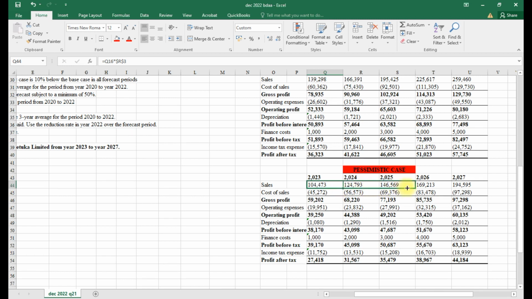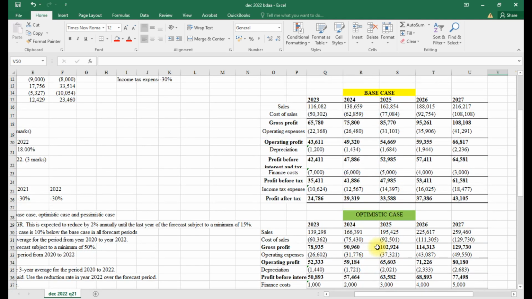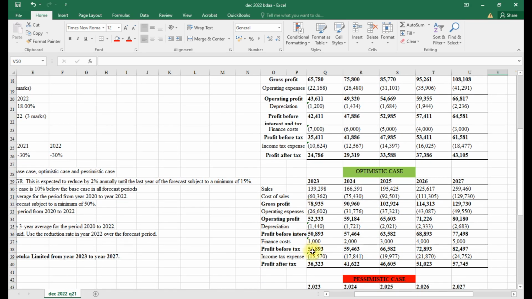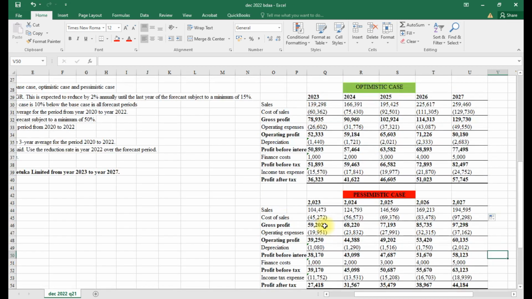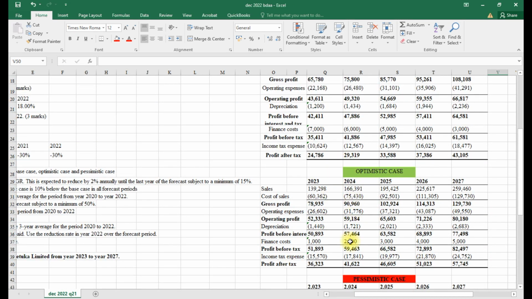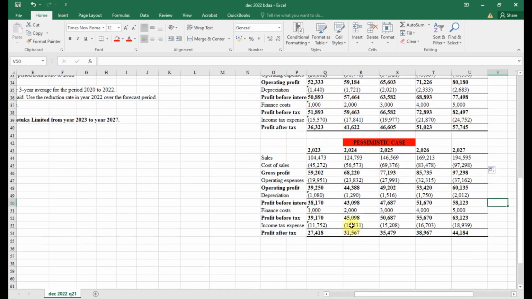You will find that it will automatically change all the other values. So you can see here we had 24 as our profit. Under this one it became 36, and under this one it became 27. And this one was 29, and optimistic it increased to 41, and pessimistic it has decreased to 31.